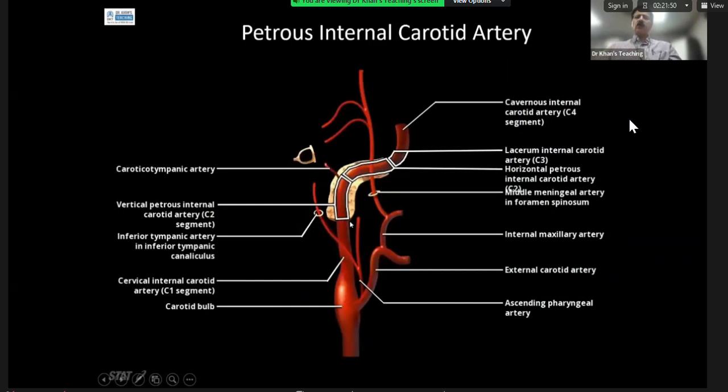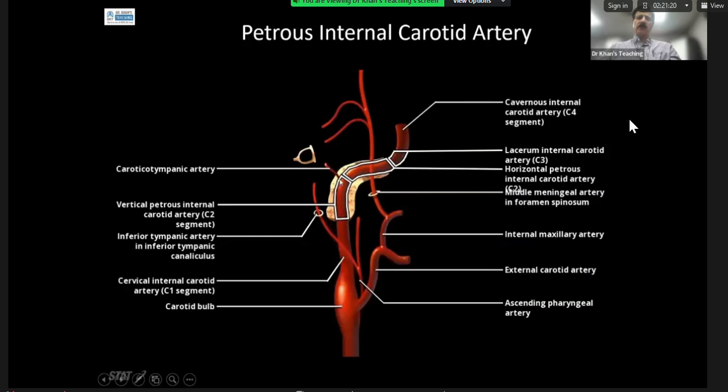Now, just concentrate on what happens with the carotid artery. The carotid artery is coming through the neck. It is the content of the carotid space. It goes into the petrous temporal bone, the pyramid. And if you see here, it travels through it vertically, and we will see it on a CT scan shortly.